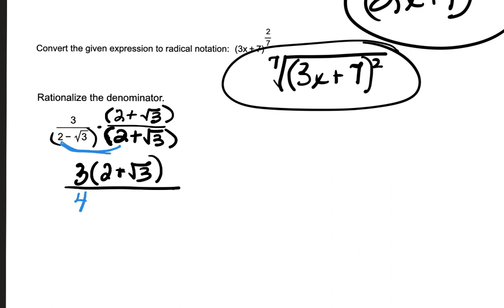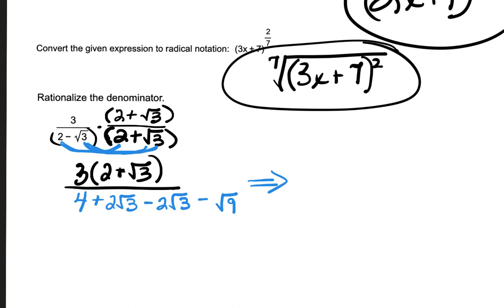The outer, 2 times square root of 3, is plus 2 square root of 3. The inner, 2 times negative square root of 3, is negative 2 square root of 3. And finally, the last one, negative square root of 3 times square root of 3, is negative square root of 9.